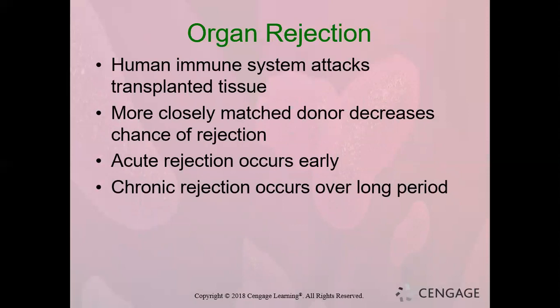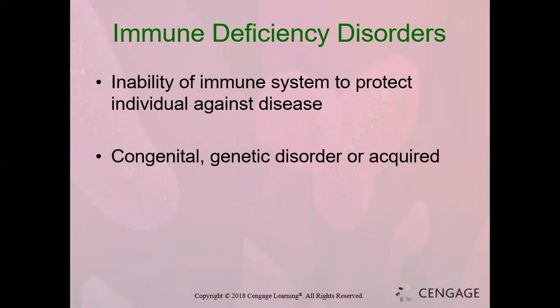Of course, most people know that when somebody gets an organ transplant, they can reject that. When we're talking about immune disorders, there are some people whose immune system just does not have the ability to protect them against whatever disease is going on in their body.